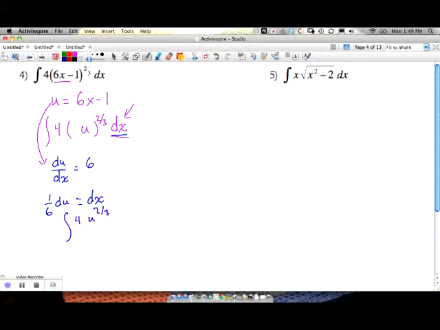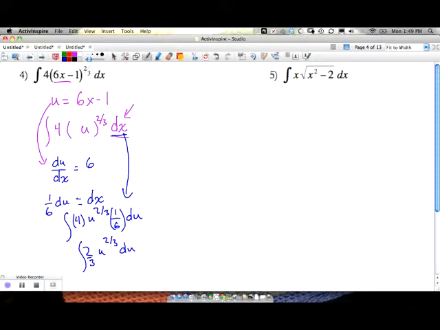I'm going to have a u to the 2/3, and then a 1/6, and then a du. So I took out the dx and made a 1/6 then du. Now I can do some simplifying with the 4 and the 1/6. That actually combines. 4 times 1/6 would be 4/6. I can simplify that to 2/3. So I have 2/3 u to the 2/3 du.